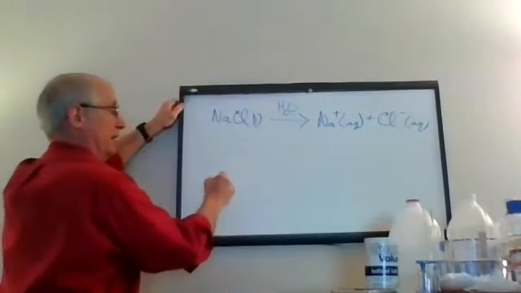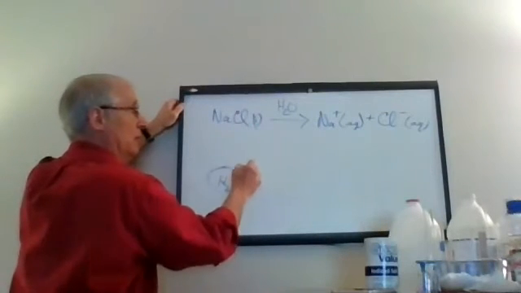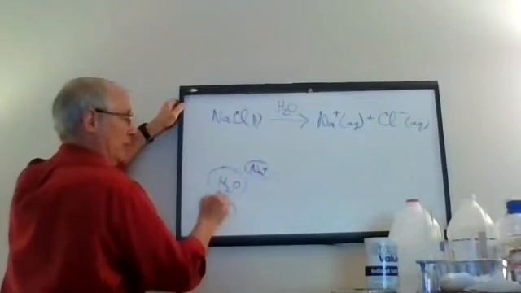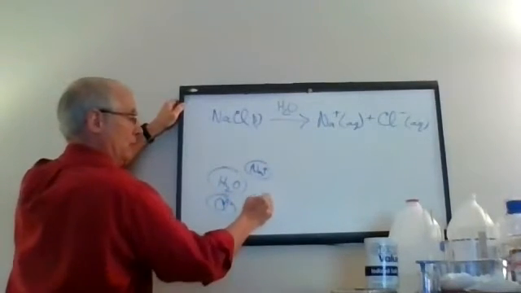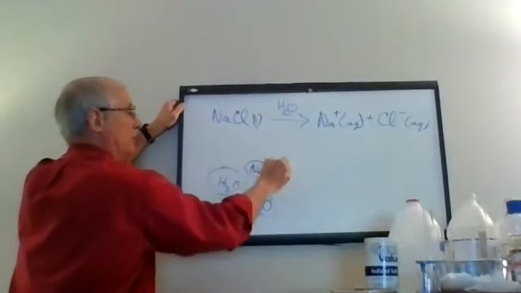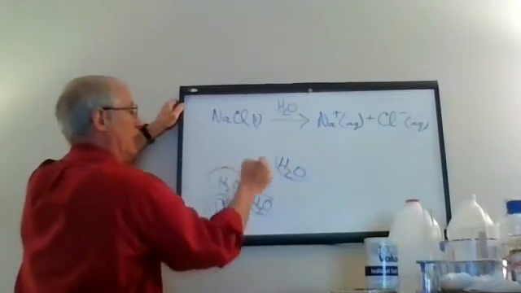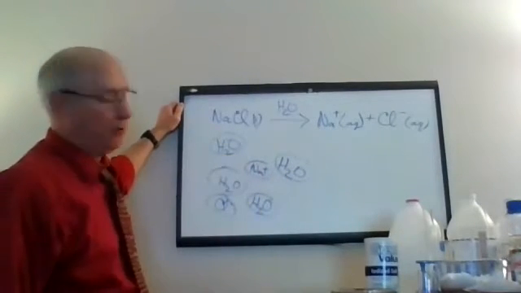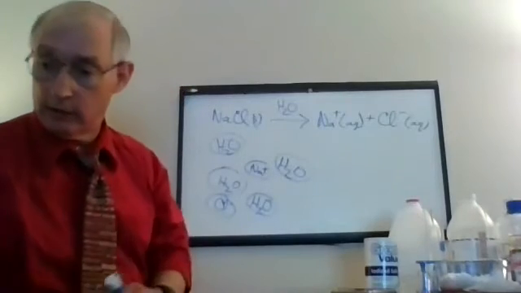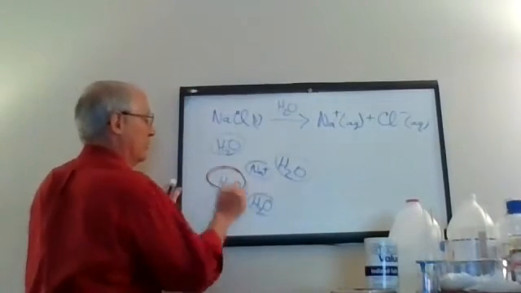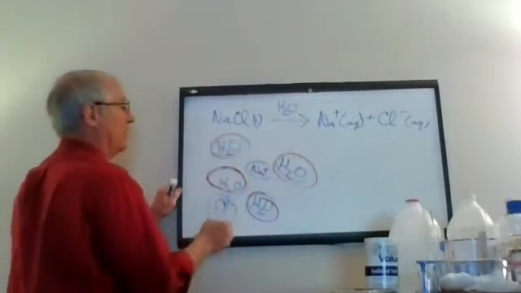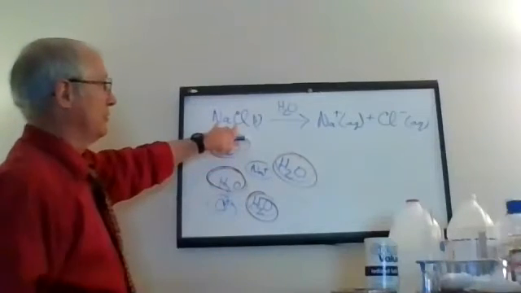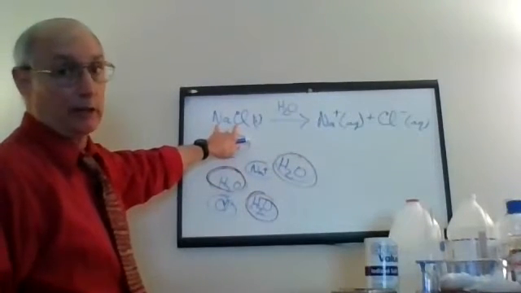So if the solution looks like this: water molecule, sodium ions, chloride ions, water molecules, and there's spaces in between the water molecules. And there are spaces where those pieces of this, called a formula unit, ionically bonded.